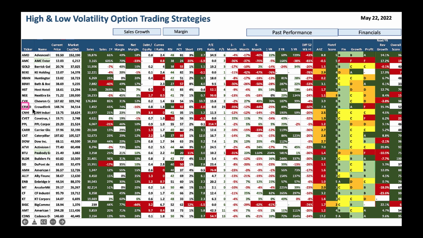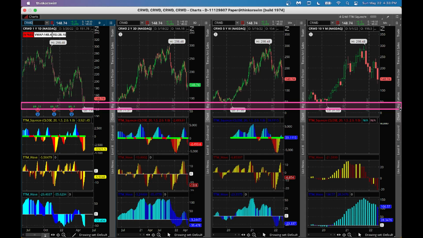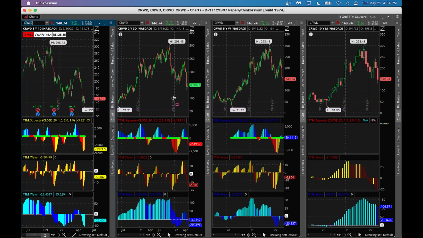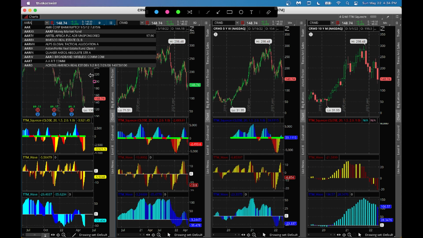We have CrowdStrike right here, and at least I don't see a dot here, so it looks like we don't have a squeeze yet. But as you scan through here, CrowdStrike is really breaking down. Look at what's going on here. CrowdStrike is really wondering where to go.